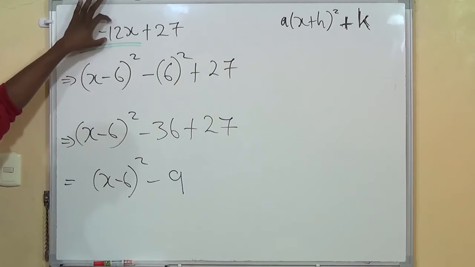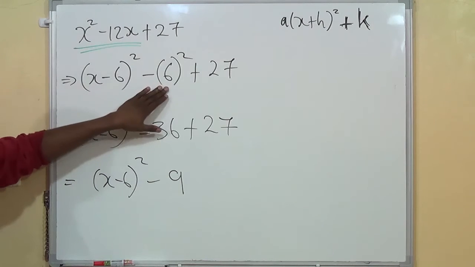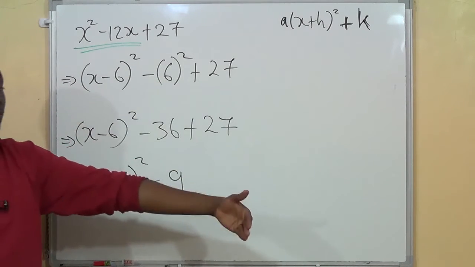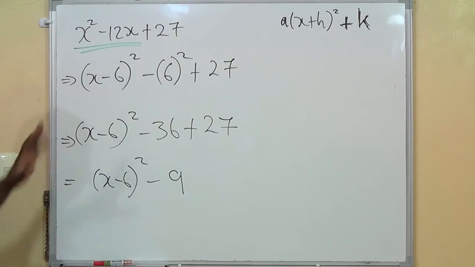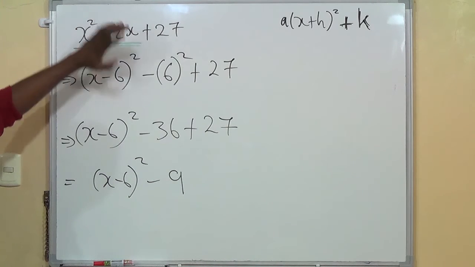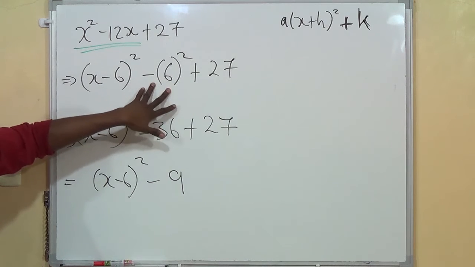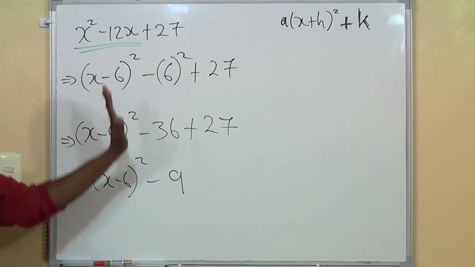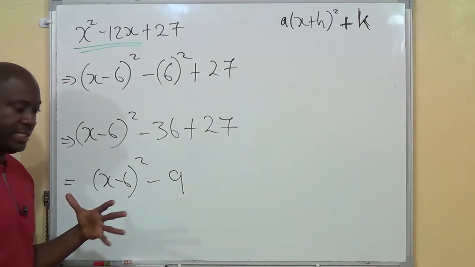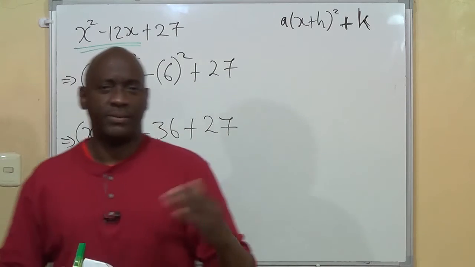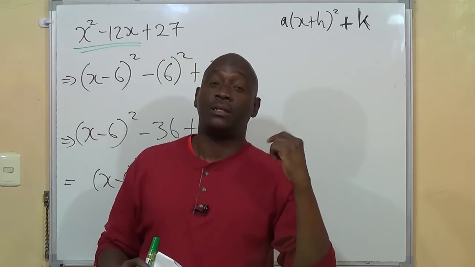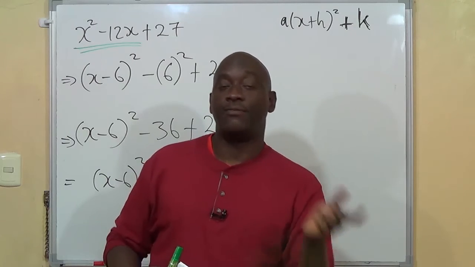If you have an even coefficient of x here, we divide it by 2, we're going to get a whole number. We're going to move on very shortly to what will happen if we have an odd number up here. Alright, so just to be safe, you could do this. We took the liberty of not putting the brackets because it was an integer. But if you're now learning the topic and you're kind of wobbly where these things are concerned, we want to err on the side of caution.